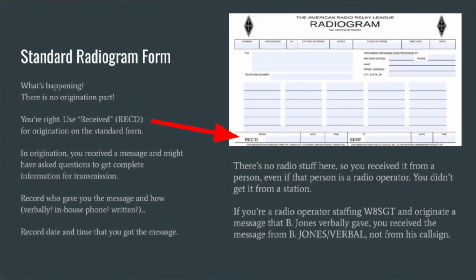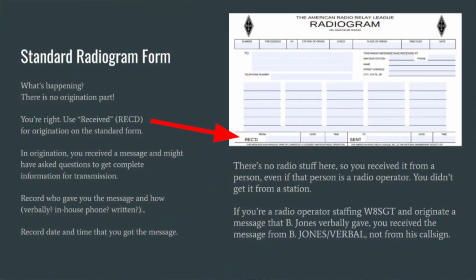Origination will also include the time and date, which would allow us to see if there's any delay between getting the message from the person who needs it and for it to get in the process of being relayed. All of this happens off air. There's no radio stuff happening yet. The idea is completing the form helps us to make sure that we get the message in the proper format so that when it comes time for relay, it's ready to go.